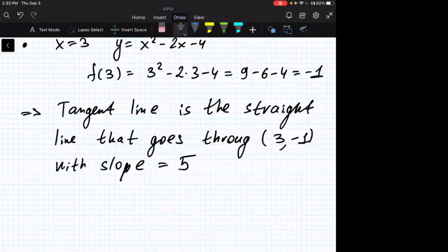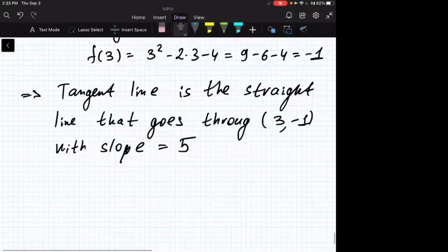And when you know such information, you know the slope of the line and you know the point that belongs to that line, you can write that equation that we discussed.